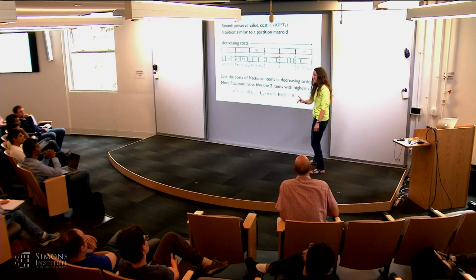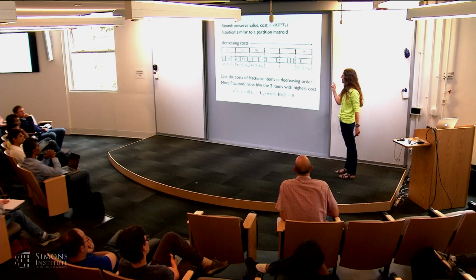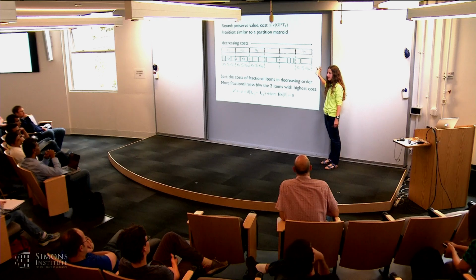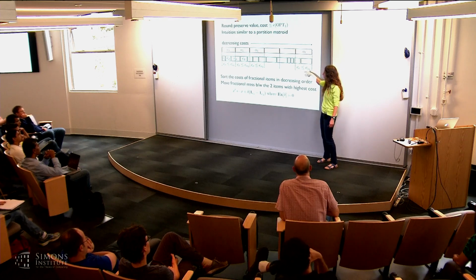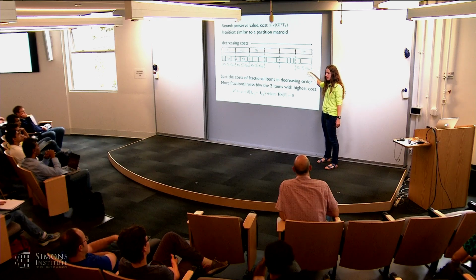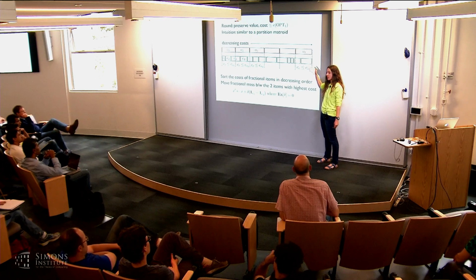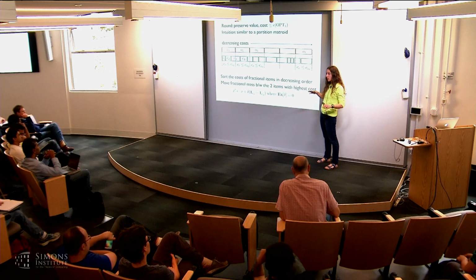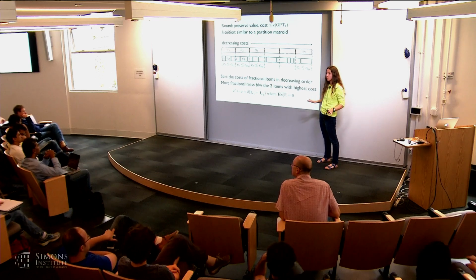No, but yes, that's a good point. So we did not guess anything. So I'll get to that in a minute. So for now, intuitively, you should think that ideally, if I did everything right, then what I add up in the purely fractional things should have value like OPT1 and cost like OPT1. And what I did in the density greedy phase should have value like OPT2 and cost like OPT2, ideally.